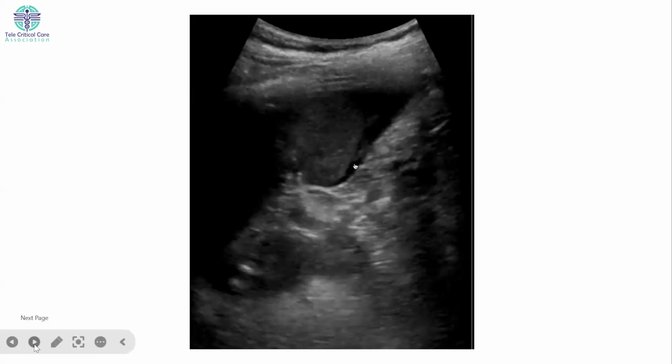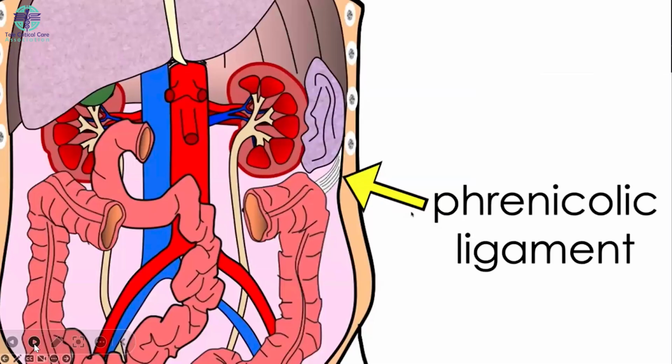Now, the peculiar part of the left upper quadrant is that naturally we have one ligament called the phrenicocolic ligament. Now, what happens? Suppose in trauma the spleen is shattered and the patient is in supine position for some time, then the fluid may accumulate in the right upper quadrant region, and it will give a negative left upper quadrant and a positive right upper quadrant region.